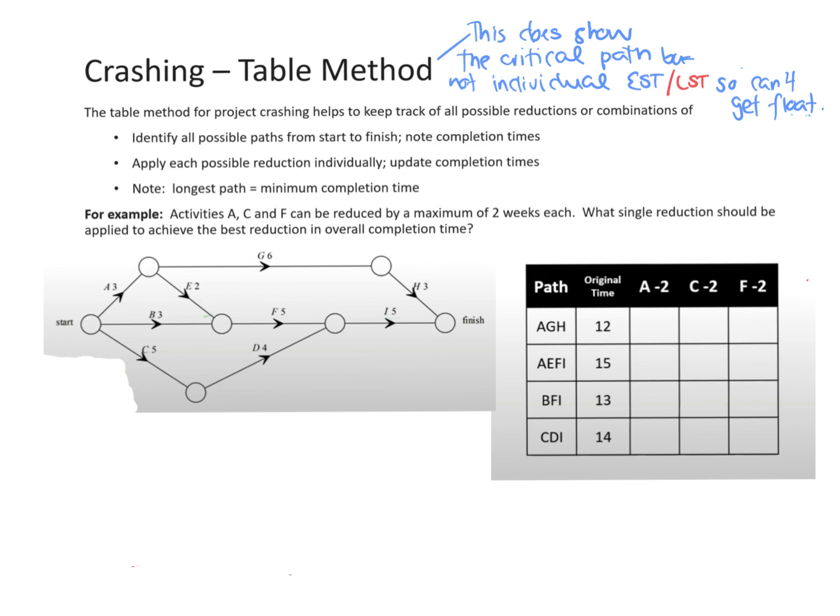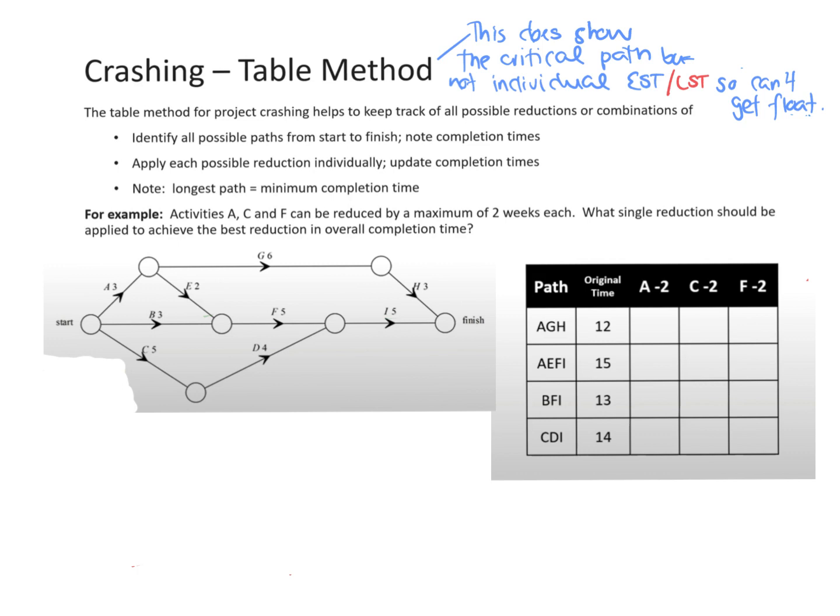Then we do the next one, where we went along BFI. And our last option is to go along CDI. So they're all the possible options to get from the start to the finish, and you write them down.